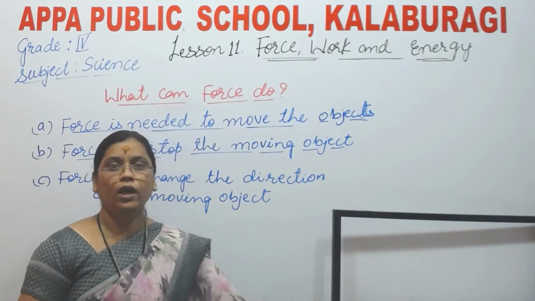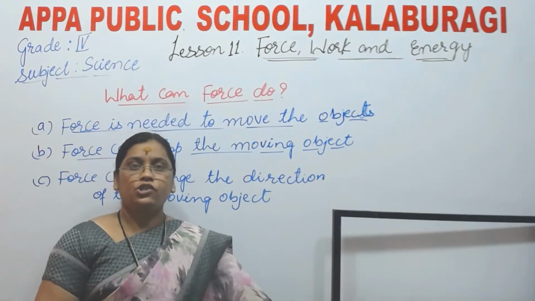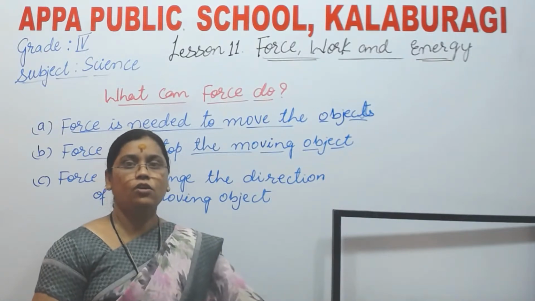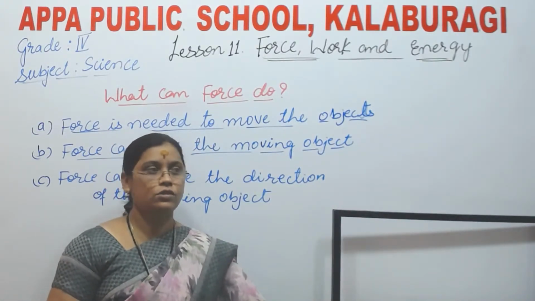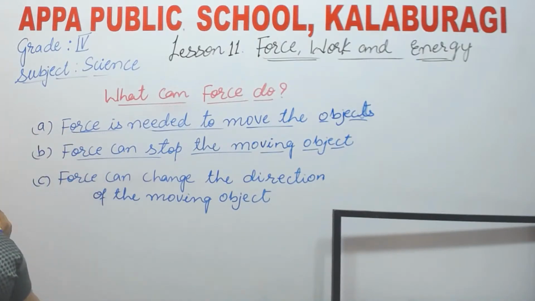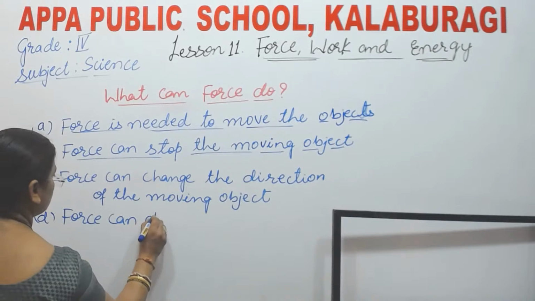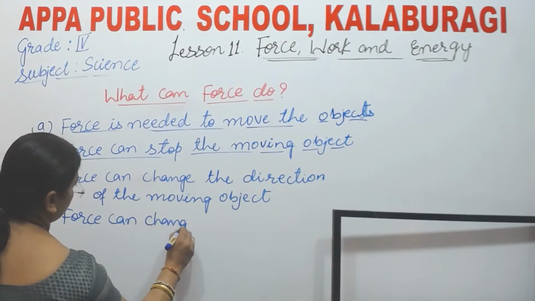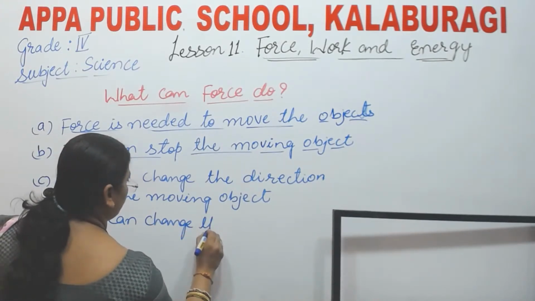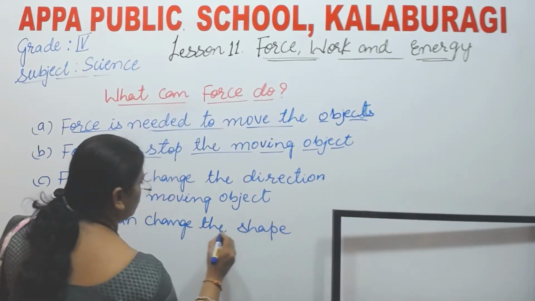In the same way, another example is playing badminton, where there is a change in the direction of the shuttlecock when you are applying the force. Then the next one is force can change the shape of an object.